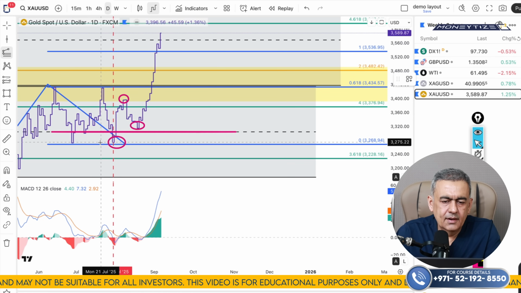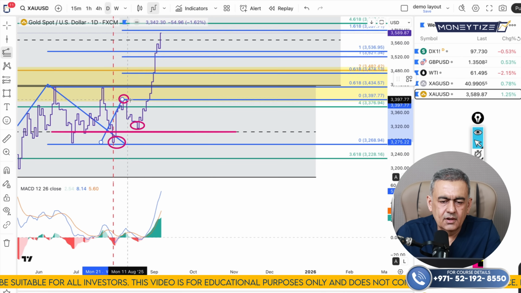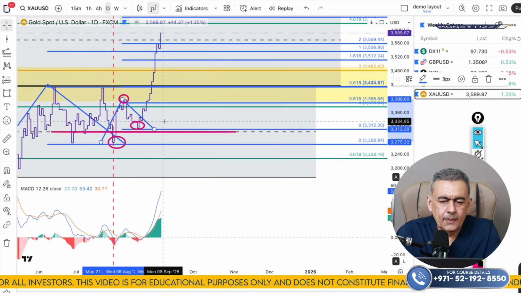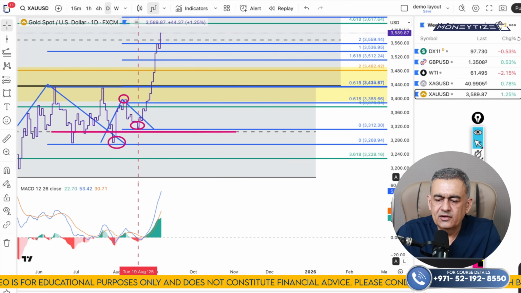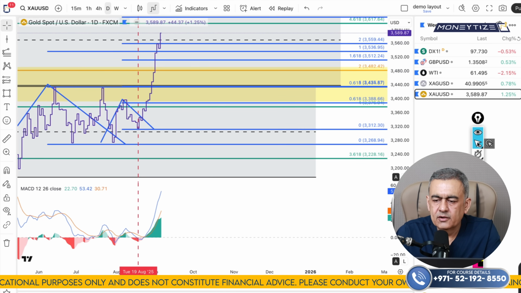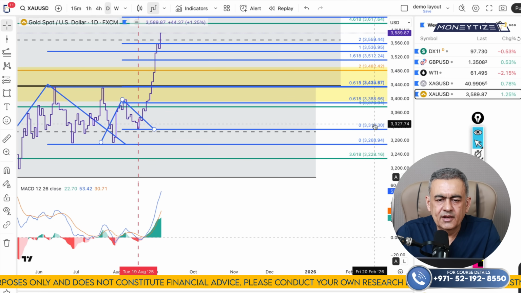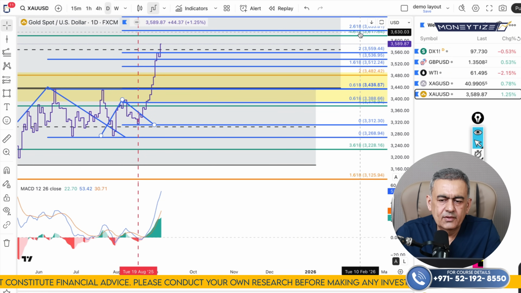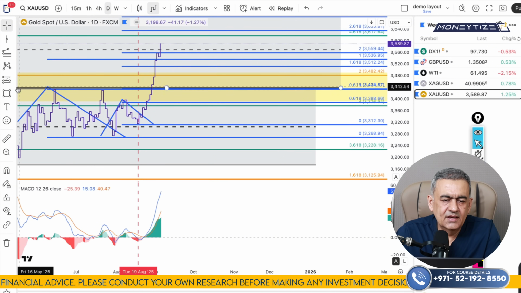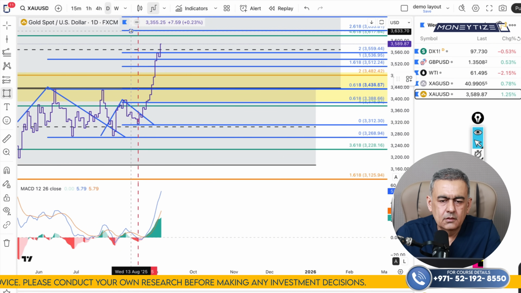So here we apply our second extension now. I'll bring the vertical line to the latest point C, and we look for the duplication of fib lines. So now I can see 3617 to 3635 as the nearest target.